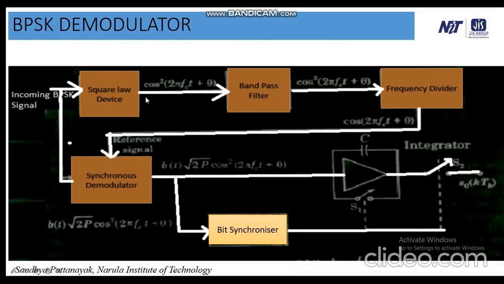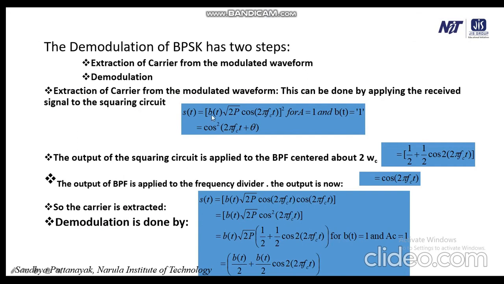So what do we get? The output of the squaring circuit is b of t root over 2P cos 2 pi fct, squared. If we consider A equal to 1, we get cos squared of 2 pi fct plus theta, for b of t equal to binary 1.